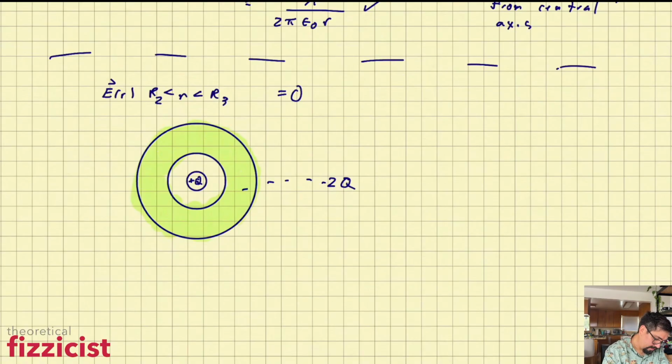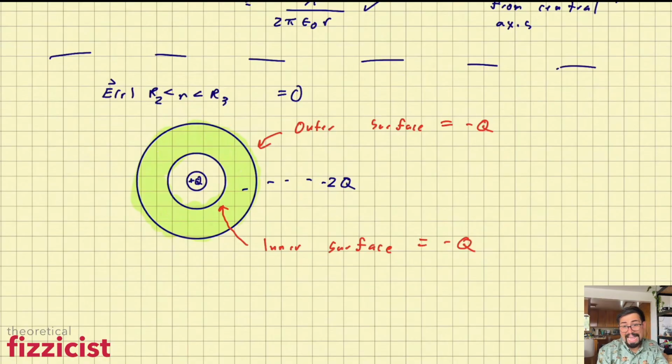This outer surface right here has to have a charge of minus Q, and the inner surface also has to have minus Q. If I add the charges on both of those surfaces, I get the minus 2Q overall of the conducting shell. And what's the argument there?